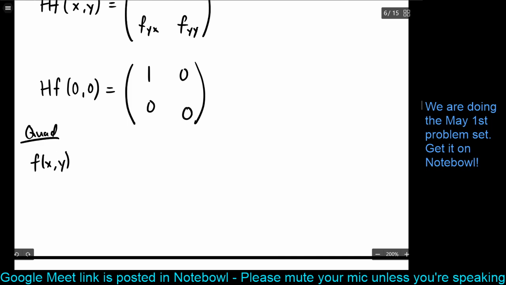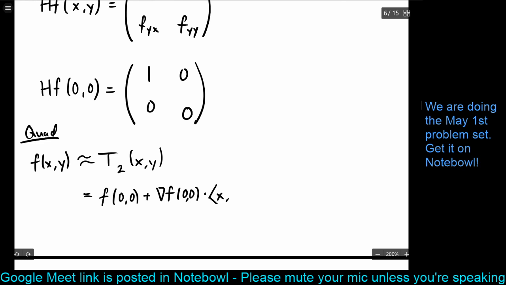Okay, so remember the second degree f of x comma y, this is what we call t2 of xy. This one will be f of 0, 0 plus the gradient of f at 0, 0 dot product with x comma y.